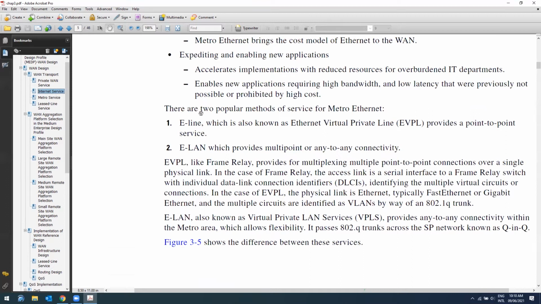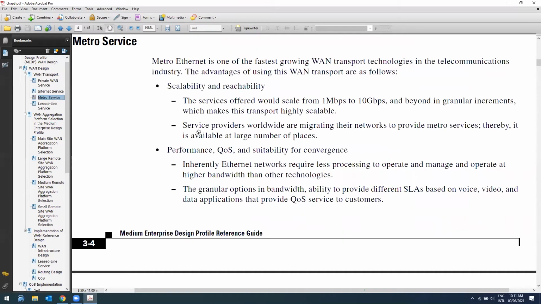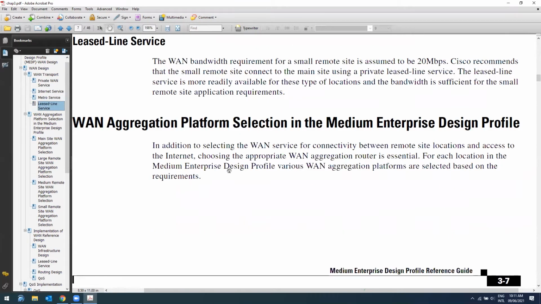So there are two popular methods of service for Metro Ethernet. Okay, E-Line, which is known as the Ethernet Virtual Private Line, EVPL, provides a point-to-point service, and E-LAN, which provides multipoint or any-point-to-point connectivity. Okay, leased line services.